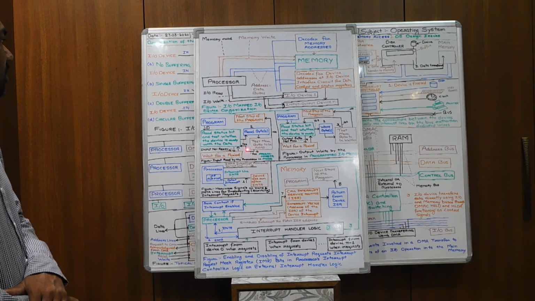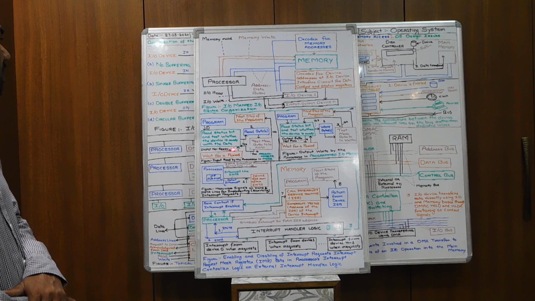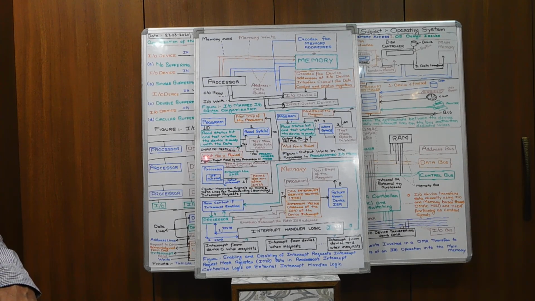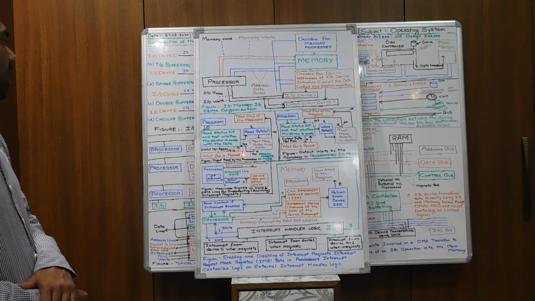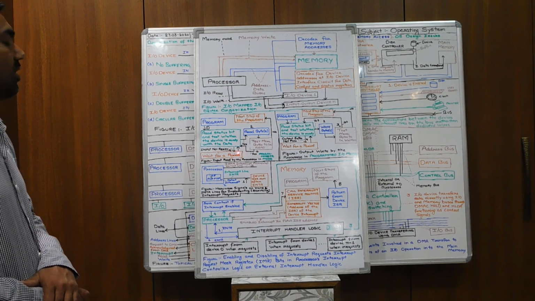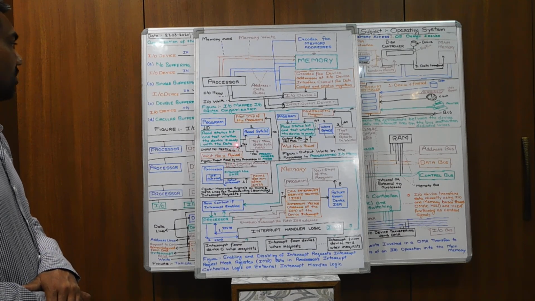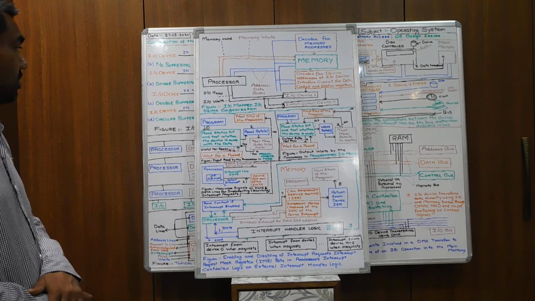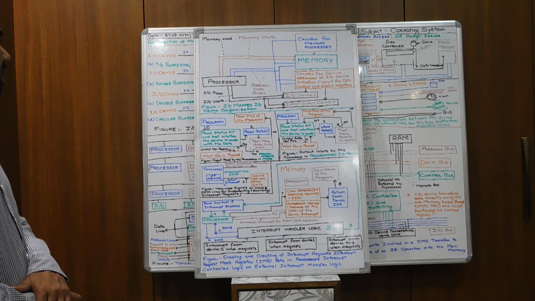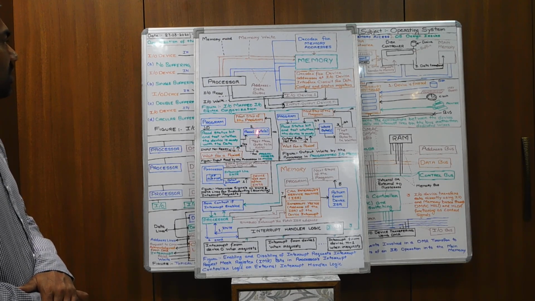And if in case the input is not ready, then it will be waiting for a period. When the waiting period is completed and the device is ready, the reading of the byte takes place.